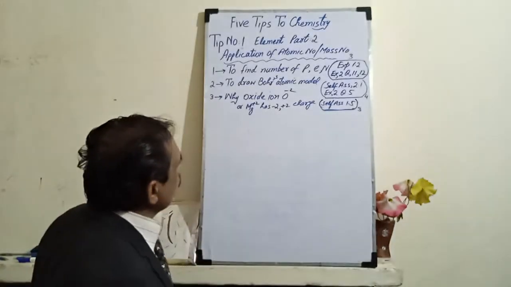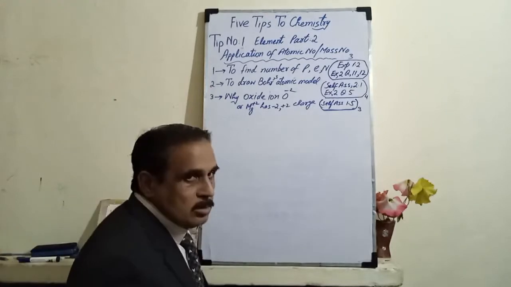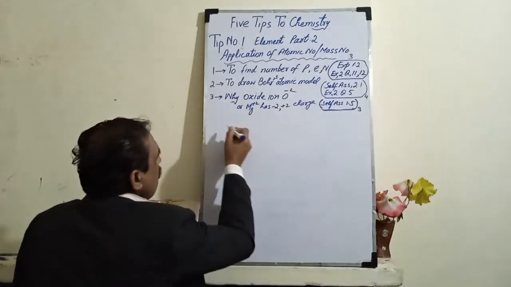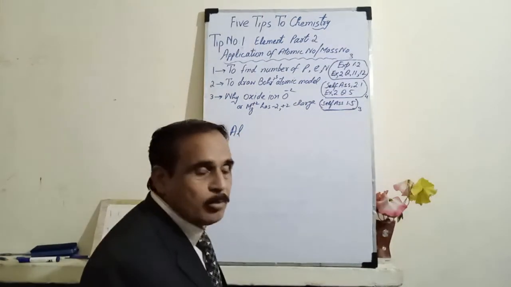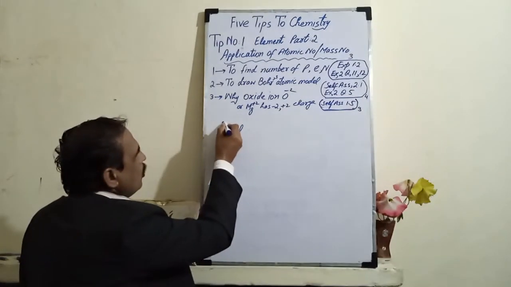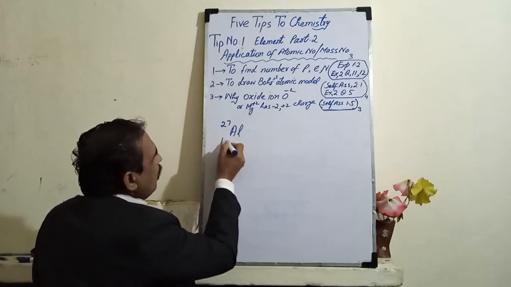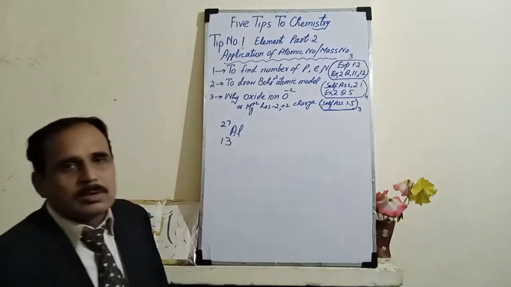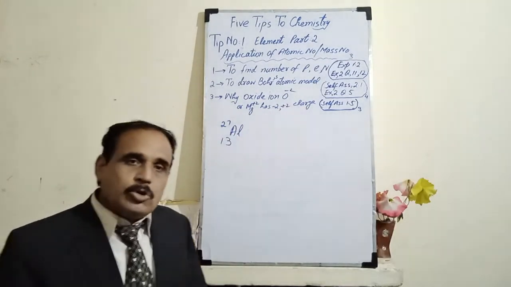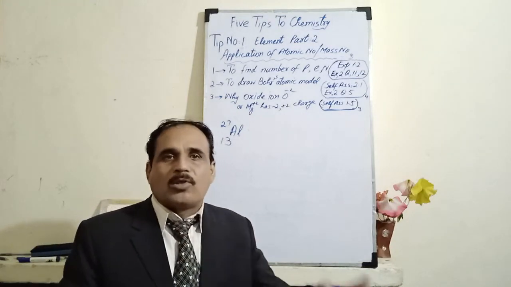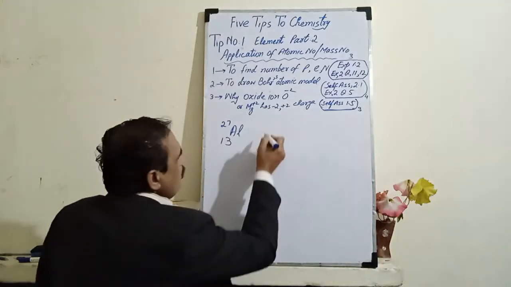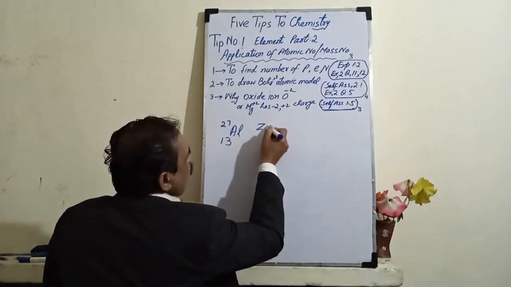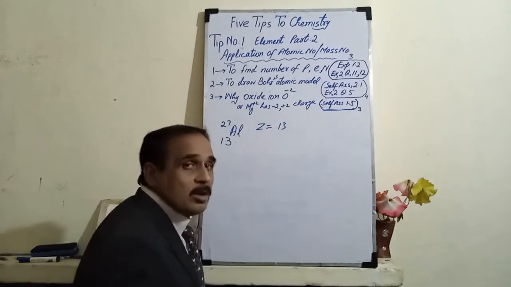For example, you are given an element aluminium. Its mass number is 27, atomic number is 13. Now you are asked to draw both atomic model. How can you draw? First of all, atomic number is 13.